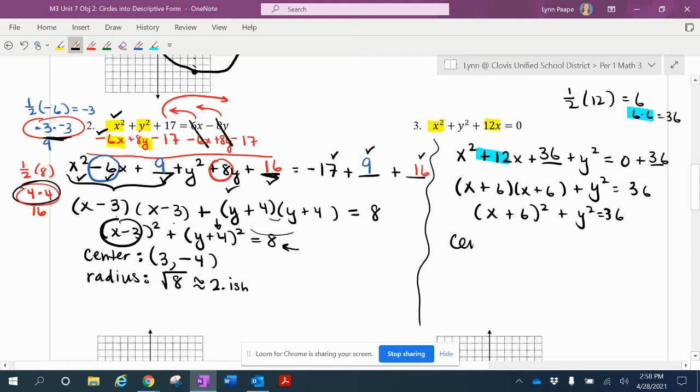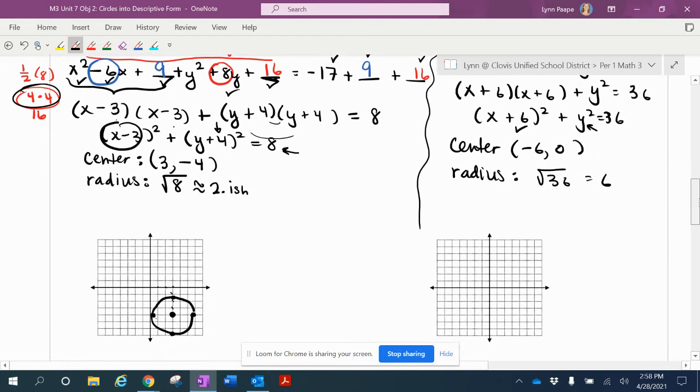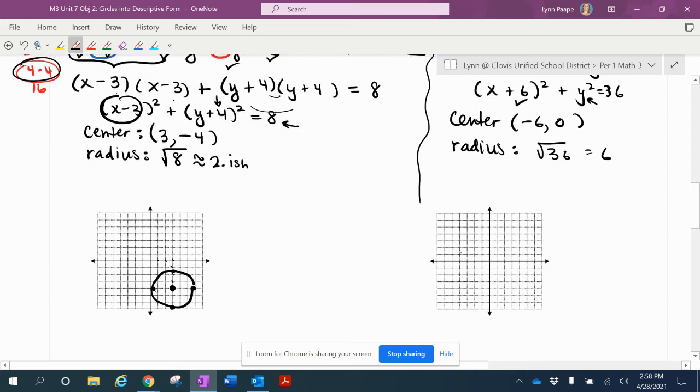Okay, so now for my center, it will be negative 6, opposite, nothing being added or subtracted to the y term, so that would just be 0. And then for my radius, I'm going to take that 36 and I'm going to take the square root of that, which would give me 6. And then let's go ahead and graph this one. So my center is negative 6, 0, so I'm going to go left 6, up 0, and then I'm going to hit my compass points.